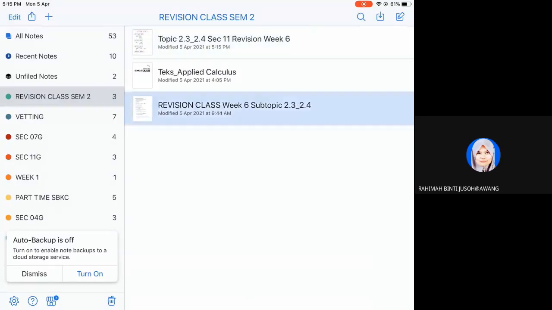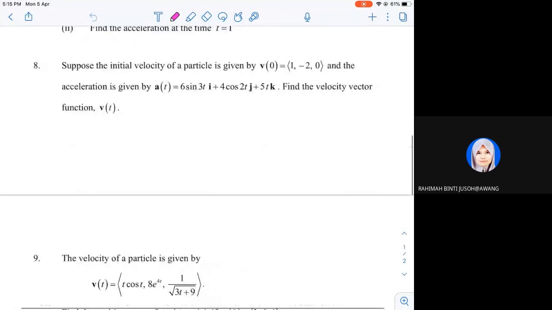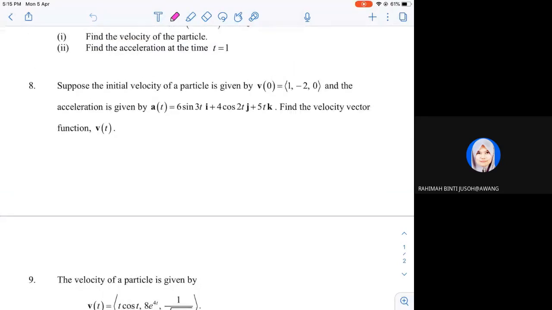Okay. So next question. Question number 8 ni, you kena cari apa kalau you baca? Velocity.